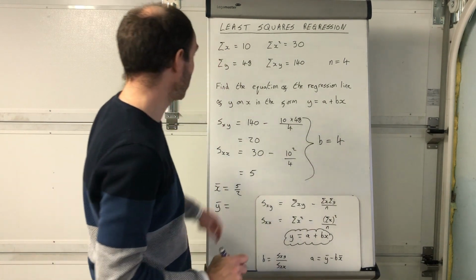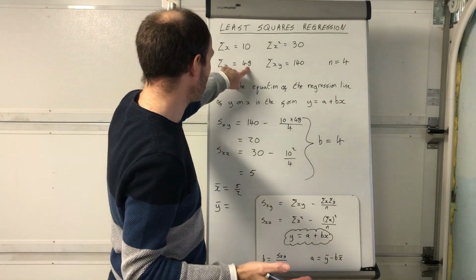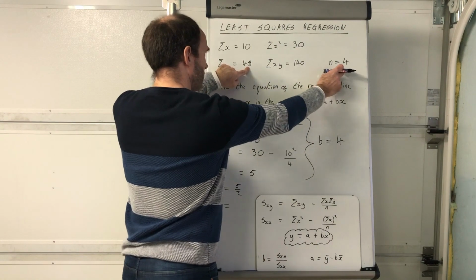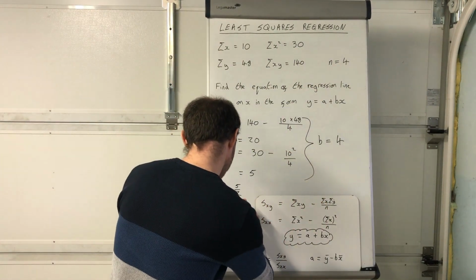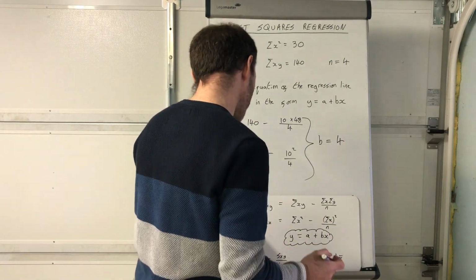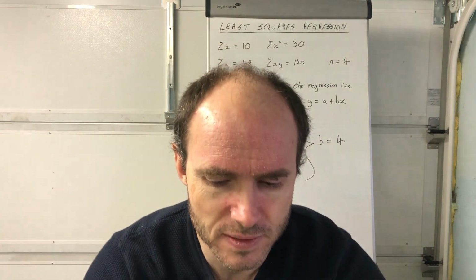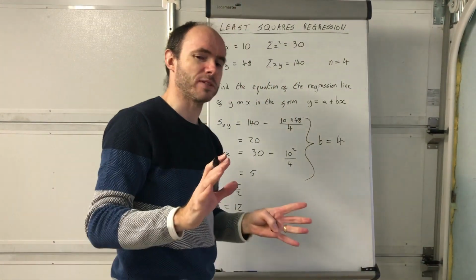Y bar, similar thing. It's the sum of all the y values divided by the number of values. So 48 divided by 4, so that's going to be 12. So that's x bar, y bar. So next, what we need to do to work out a, let me just get rid of this carefully so I don't knock my camera down this time.